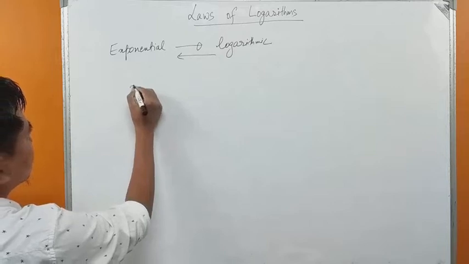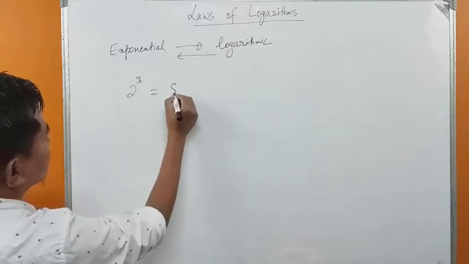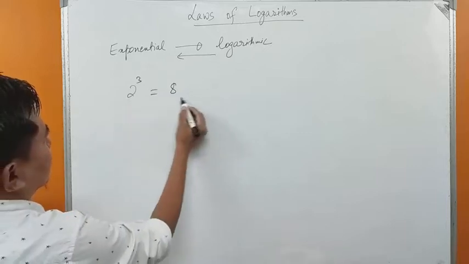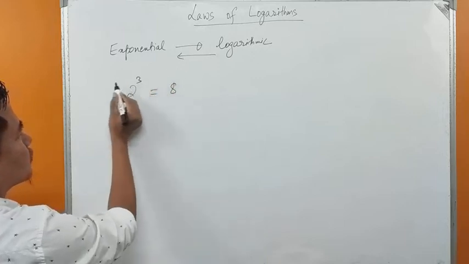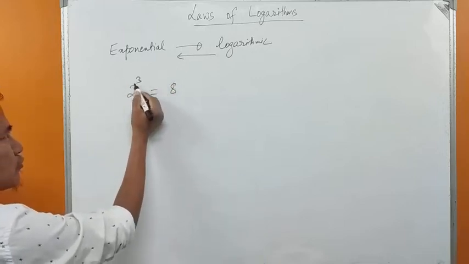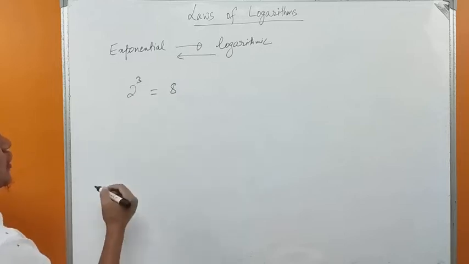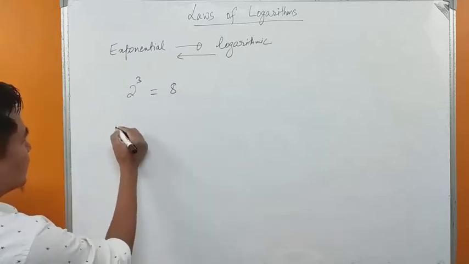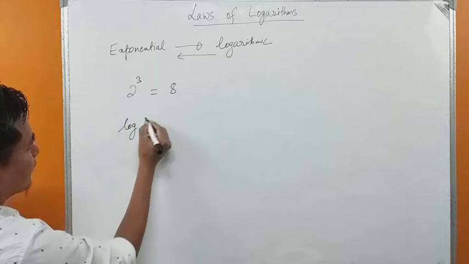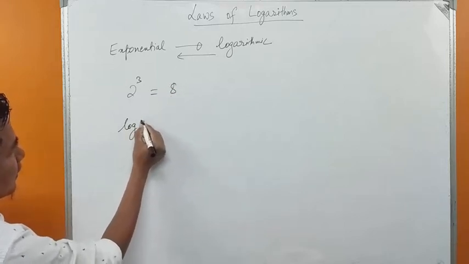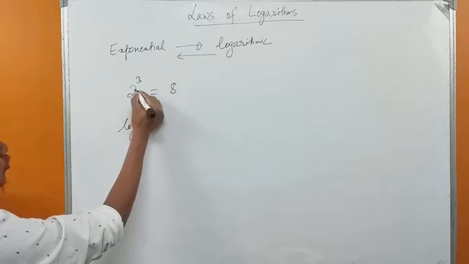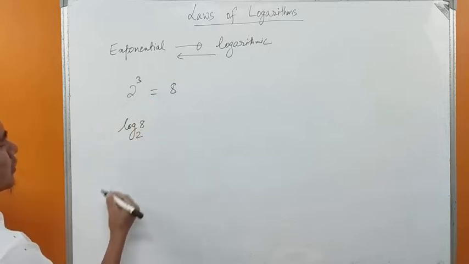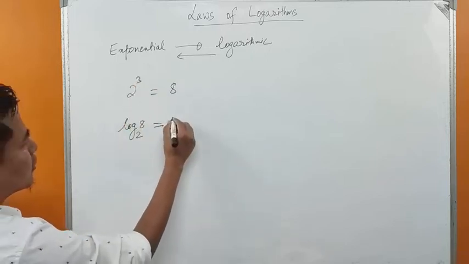Suppose we have 2 cube. 2 cube means 8, isn't it? 2 to the power 3 means 8. 2 into 2 into 2 is 8. So this is an exponential form. The power of 2 is 3 and 2 to the power 3 means 8. If we want to convert this into a logarithmic equation, we write log 8 to the base 2. 2 is the base here, and the power goes to the right hand side.